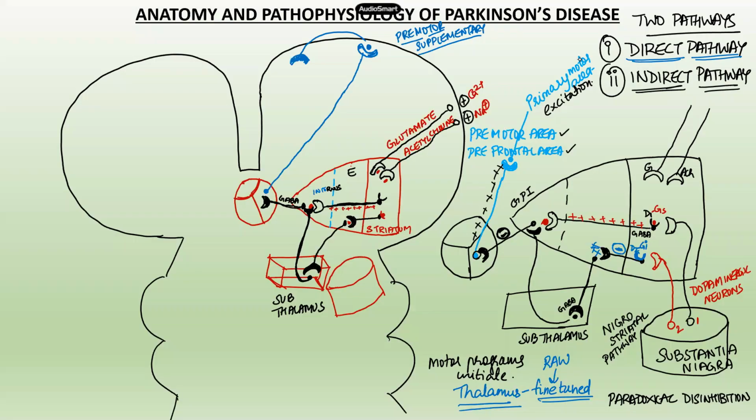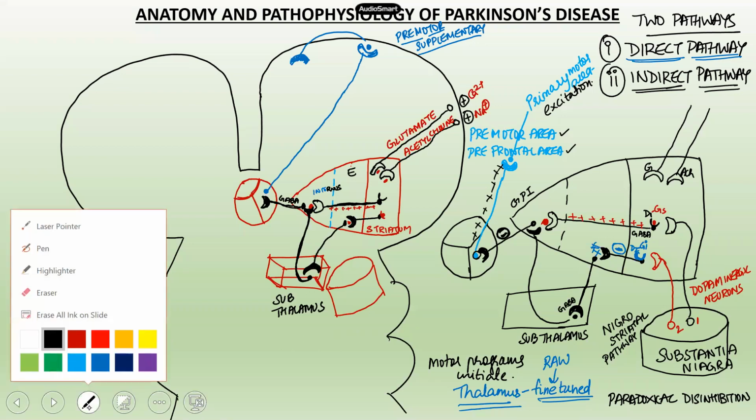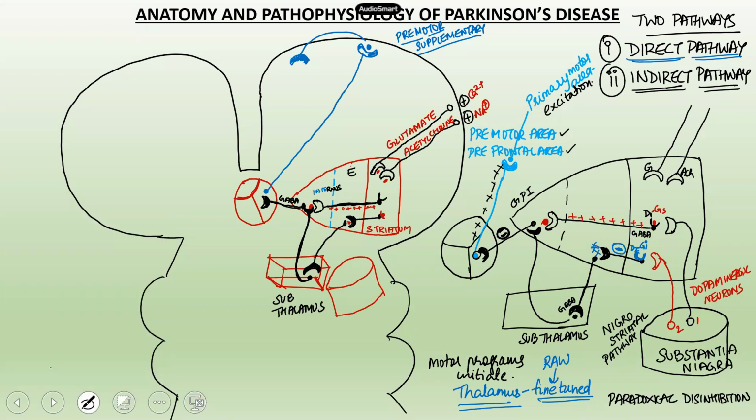Now, what happens in Parkinson's disease is that the dopaminergic neurons we have in the substantia nigra, which we have referred to as the nigrostriatal pathway, get degenerated. It's not that we just have one neuron acting on the D1 receptor and one neuron acting on the D2 receptors. We have thousands, lakhs of neurons in this particular pathway.